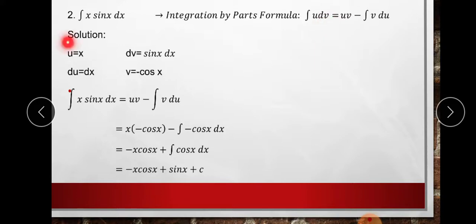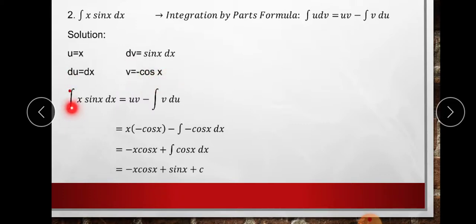So the solution. Our u is x, and the derivative of x is du equals dx, and the dv is sine x dx. The integration of sine x dx gives v equals negative cosine x.